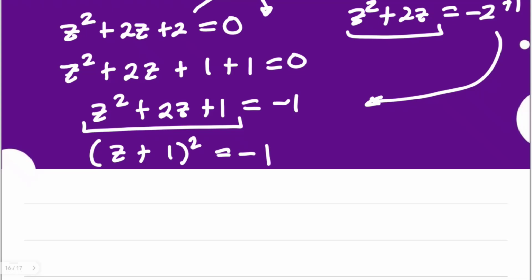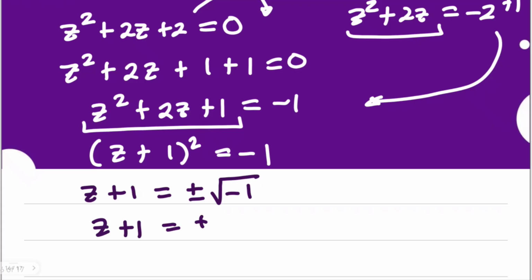Now, to continue solving for z, we can take the square root of both sides, making this side just z plus 1, but the other side will be the positive and negative square root of negative 1. Take note, we are now on complex numbers, hence we accept these forms. That's equivalent to z plus 1 equal to plus or minus i, since the square root of negative 1 is equal to i.